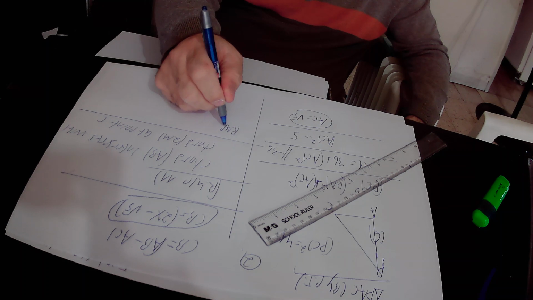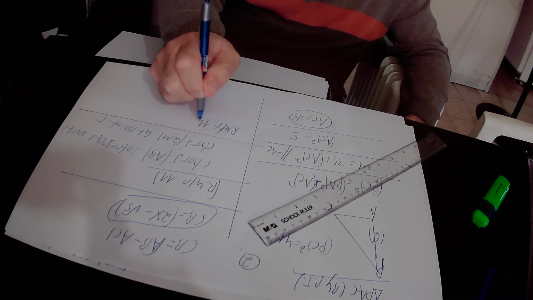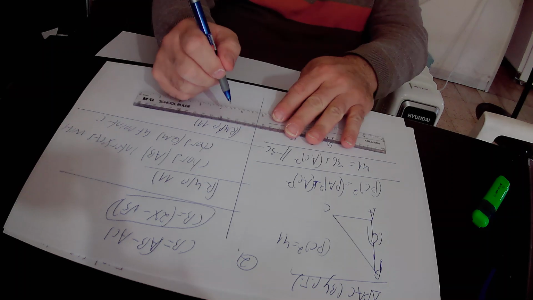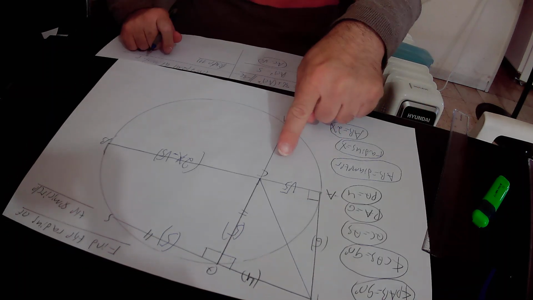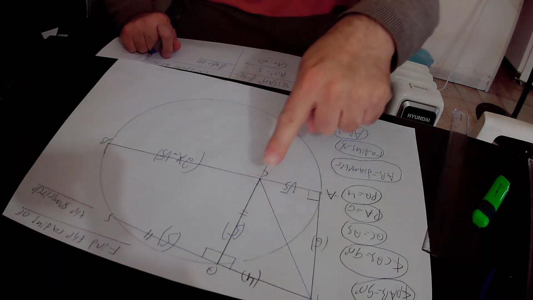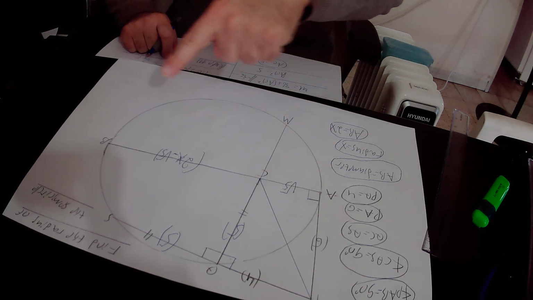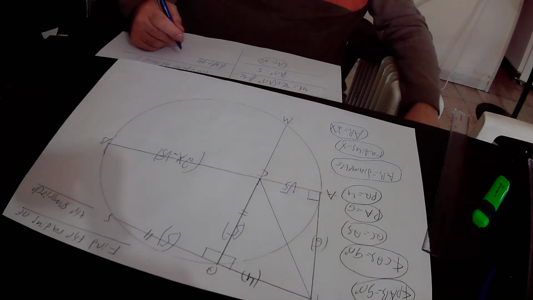According to rule number 11, AC times CB equals QC times CM. Again, AC times CB equals QC times CM.